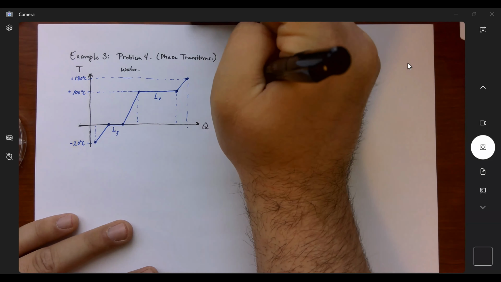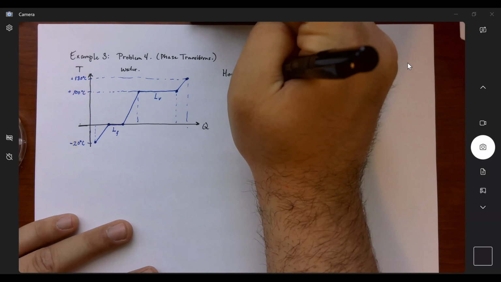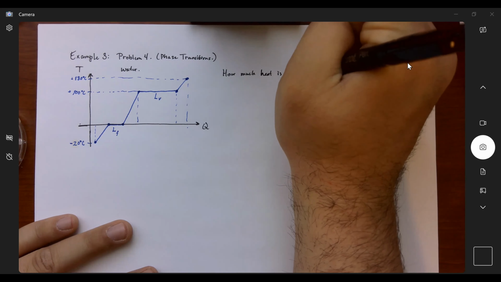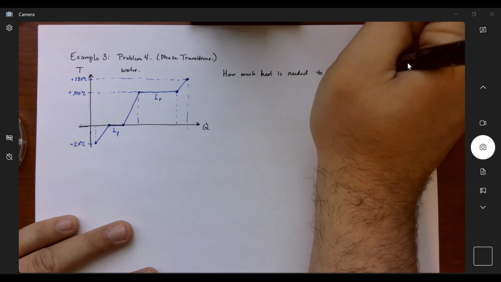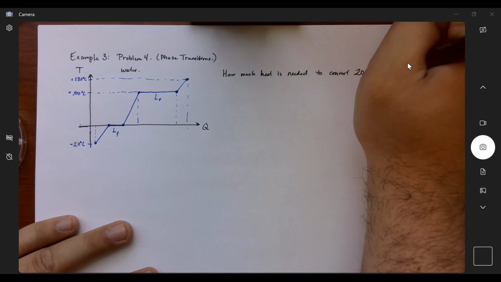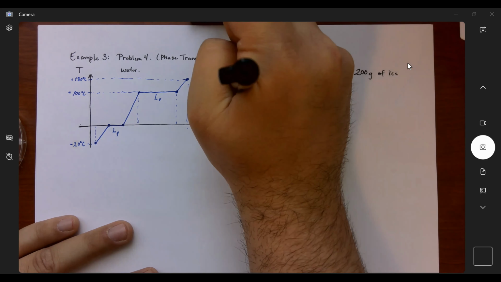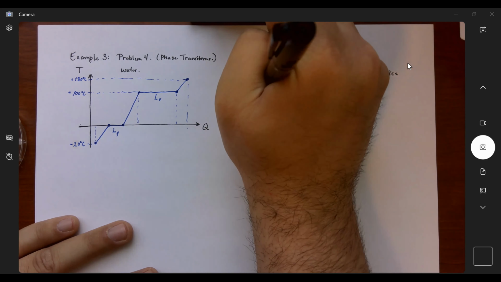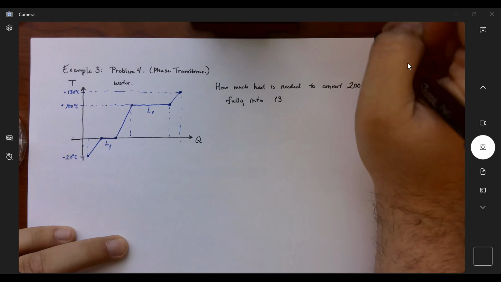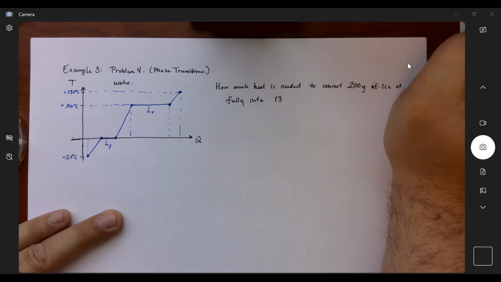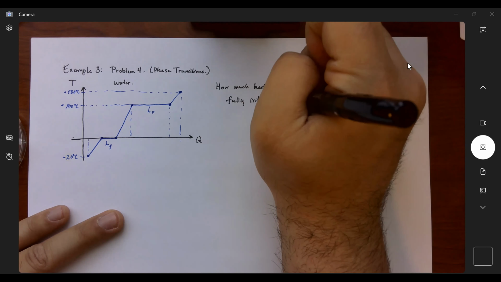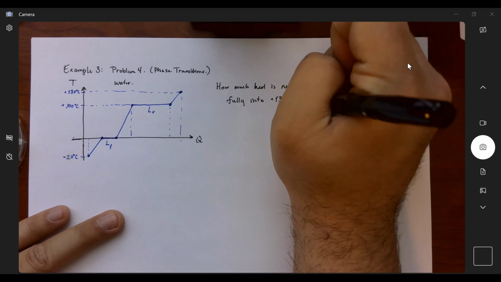How much heat is needed to convert 200 grams of ice at minus 20 degrees Celsius fully into positive 130 degrees Celsius steam.